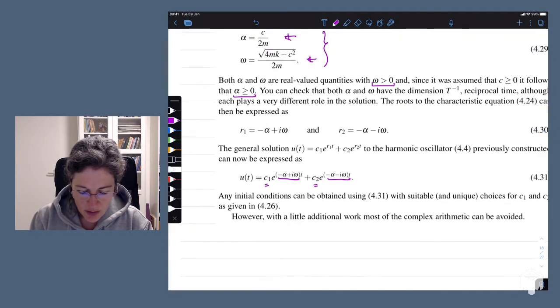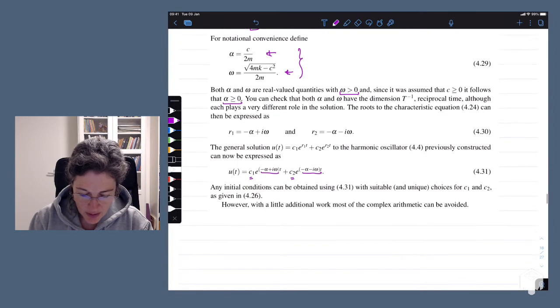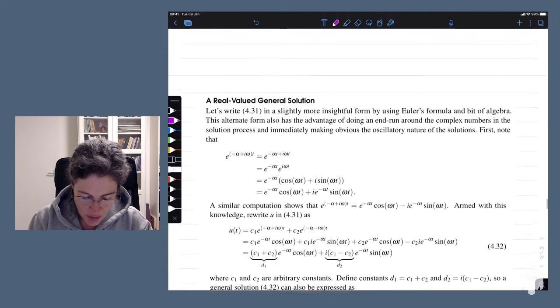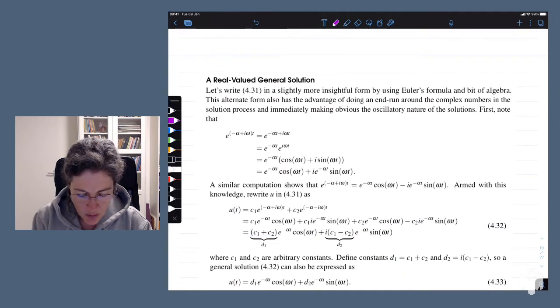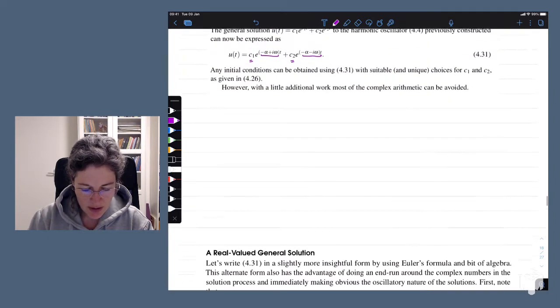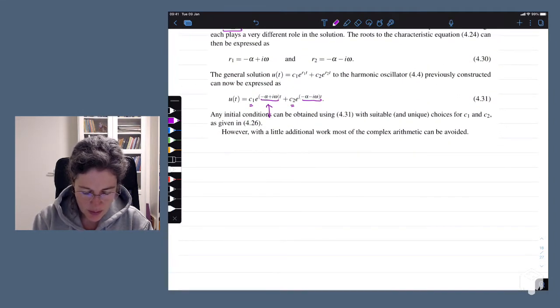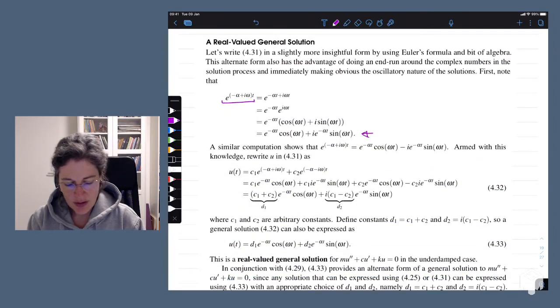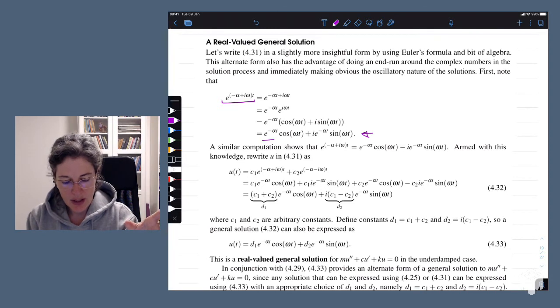But now we can do a little bit of extra work and make things a lot clearer. So we can use Euler's formula and a bit of algebra to rewrite e to the minus alpha plus i omega t, which was this part, in terms of e to the minus alpha t, and cosines and sines.